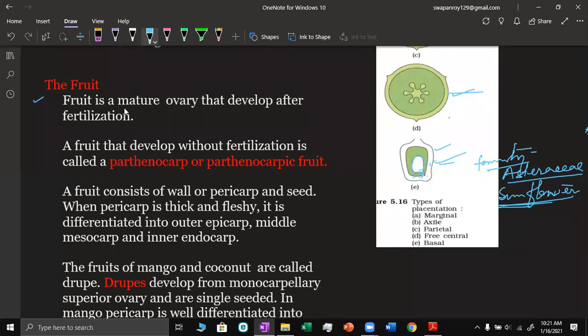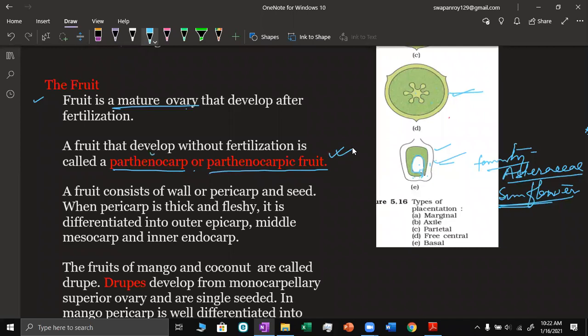Fruit is the mature ovary which developed after fertilization, and the seed developed after fertilization from the ovule. If a fruit develops without fertilization, say pollination, fertilization does not take place, but still the ovary matures into a fruit, then that one is known as parthenocarpic fruit.